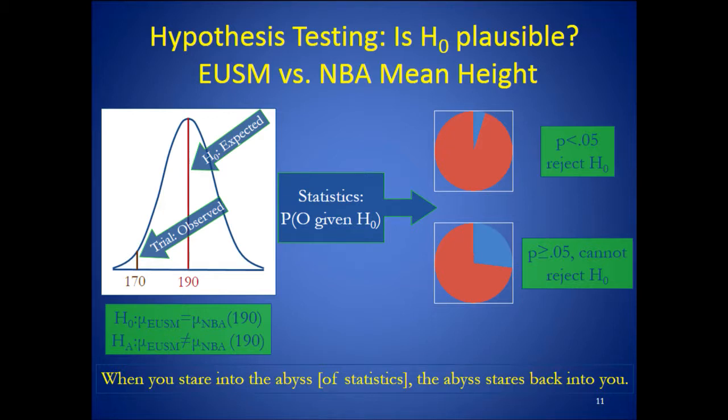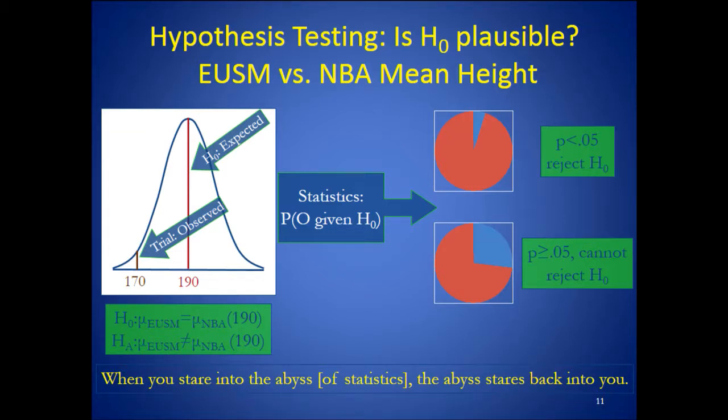And we're going to assume godlike all-knowing qualities for some of these examples. Let's say that we know that the population mean height of NBA basketball players is 190 centimeters. So our null hypothesis would be that the mean height of first-year medical students at Emory is also 190 centimeters.